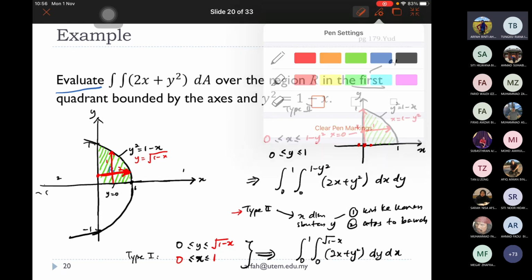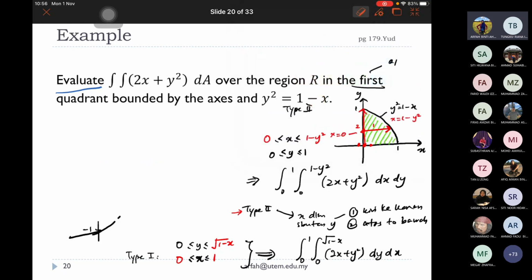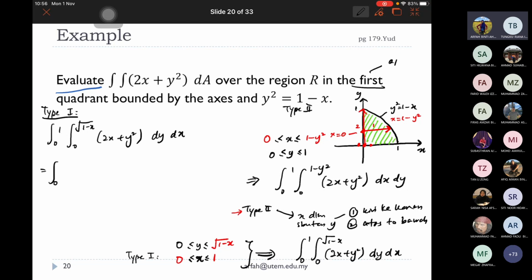So, let's say type 1. So, this is based on type 1. Awak nak integrate daripada 0 sampai set 1 tolak X, okay, 2X tambah Y squared, dy dx. So dia akan jadi integration daripada 0 ke 1, 2xy tambah y squared per 2, 0 sampai set 1 tolak X dx.